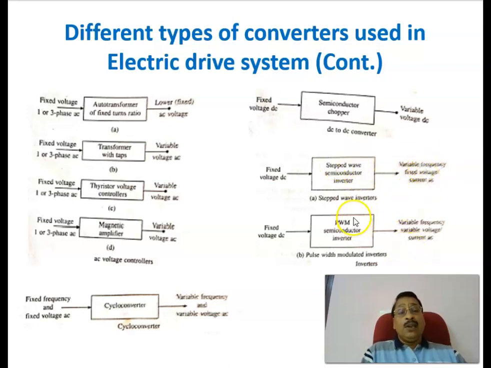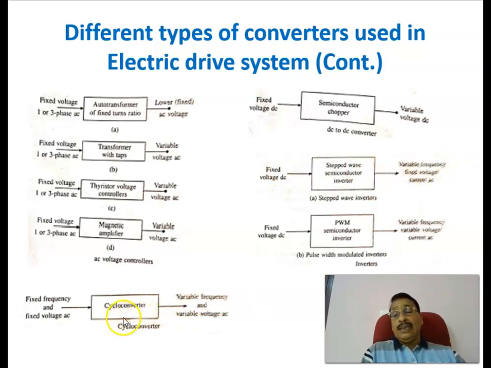Instead of this, if you are using a sine PWM technique or space vector modulation techniques, even with a fixed DC input voltage, you can get a variable voltage, variable frequency output by controlling the amplitude modulation index and the frequency modulation index. These are the inverters. There are different types of inverters which convert DC into AC.